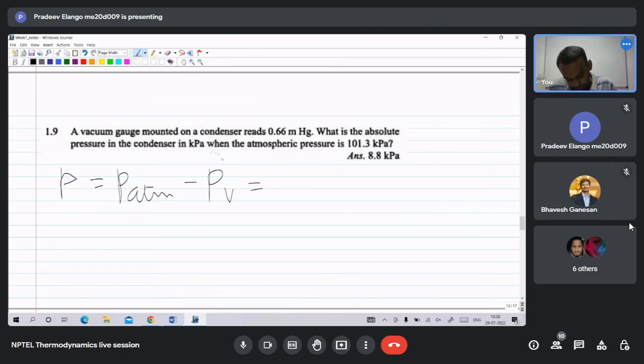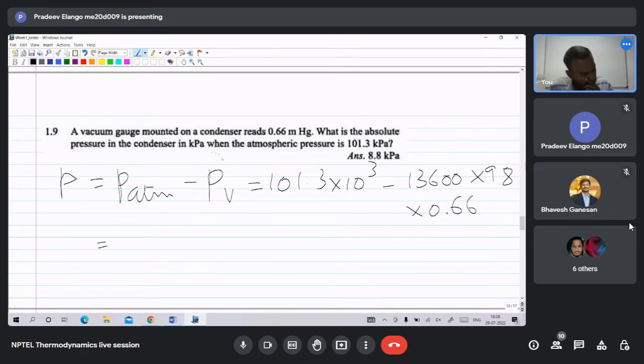Atmospheric pressure is given as 101.3 kilopascal. Converting to pascals, we have 101.3 into 10 power 3 minus rho GH. Rho GH is 13,600 into 9.8 into 0.66 meters.